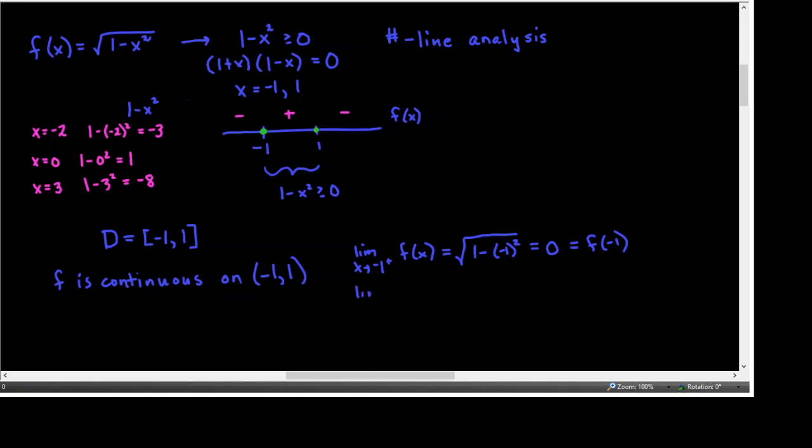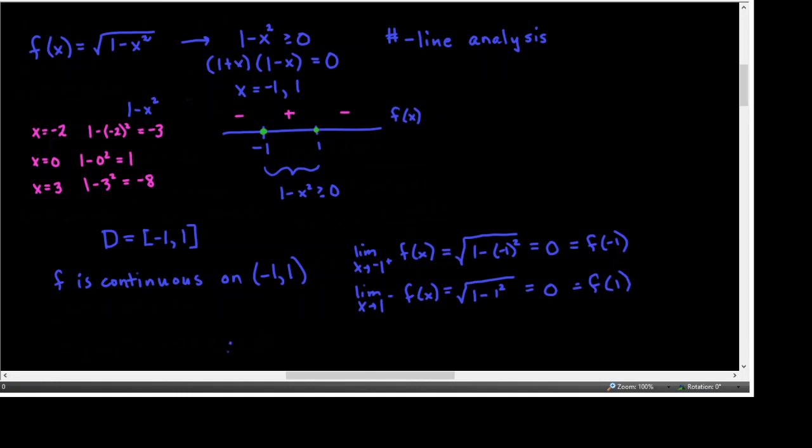Then we can look at the 1, the other endpoint, from the left side. Since it's a radical function, we can do that limit by substitution, provided it doesn't give us an invalid answer. It gives us an answer of 0, which happens to be the value of f of 1. So that means it's continuous at x equals 1 from the left.